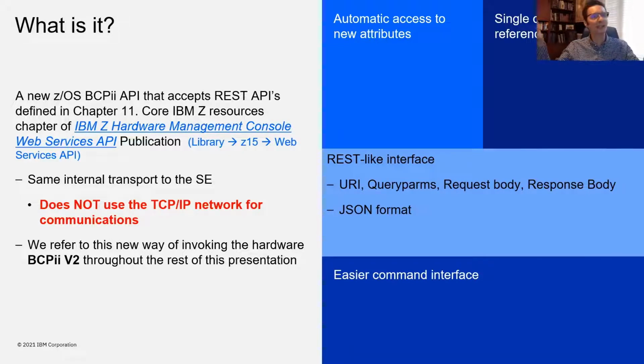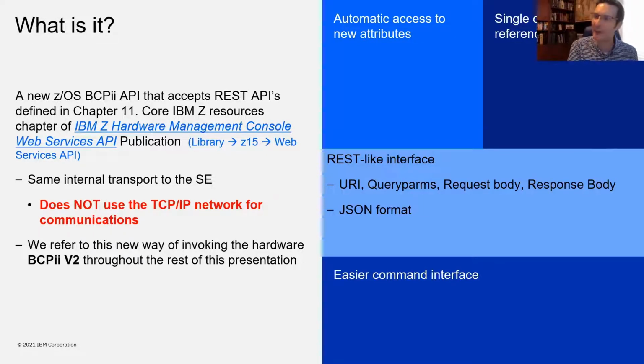So we're using the same basic interface that the HMC Web Services API uses. That's another way today of people being able to programmatically invoke a REST service to get information about the hardware and control the hardware. But the advantage of this methodology is that it does not use the TCP/IP network through communications.